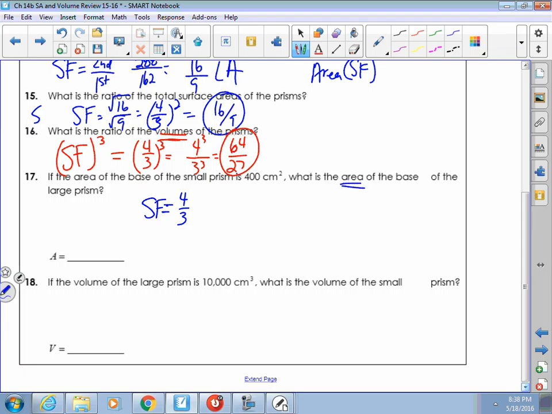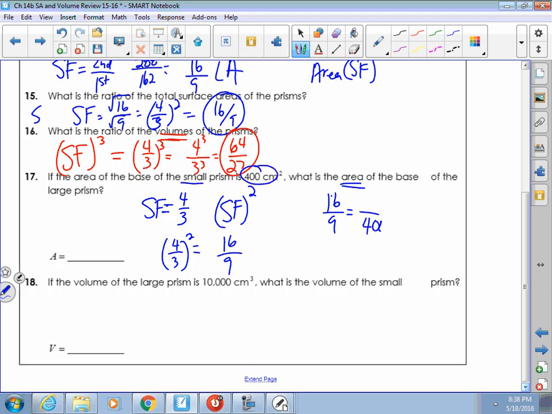Since we're talking about area, what do we do to the scale factor? We have to square it. If I square my 4/3, it becomes 16/9. So to find the new area, I take that 16/9, and it tells us the smaller area was 400. Where's the smaller number between 16 and 9?